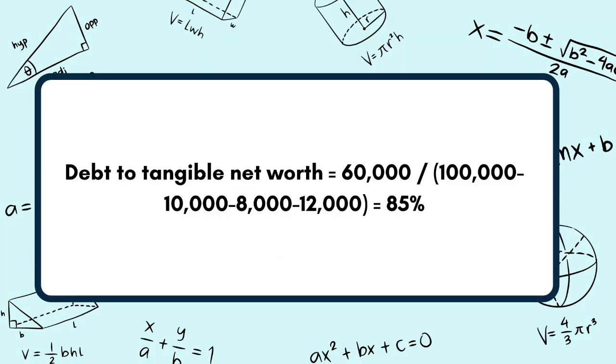So the calculation is debt to tangible net worth: 60,000 for total liabilities divided by 100,000 for shareholder equity minus 10,000 for goodwill minus 8,000 for patent and minus 12,000 for software. So the total is 0.85 or 85%. It means that if the company went bankrupt, there will be $1 worth of tangible assets for every 85 cents of debt.